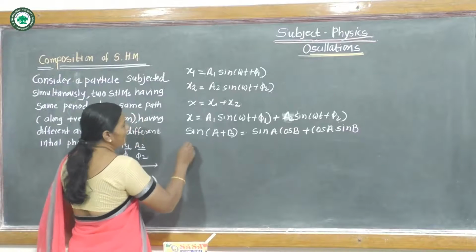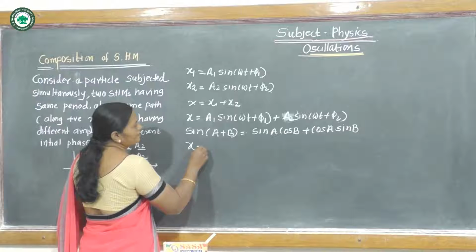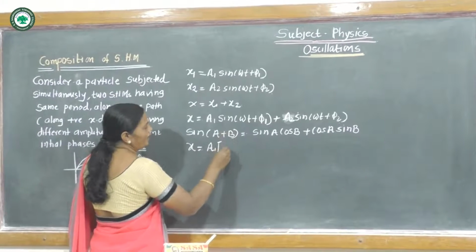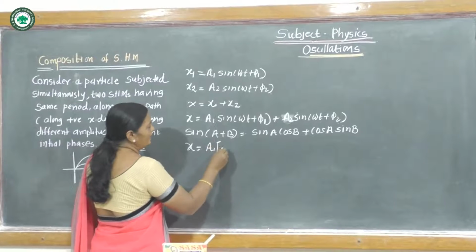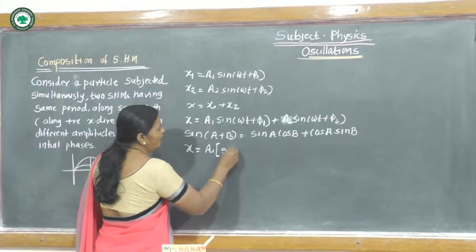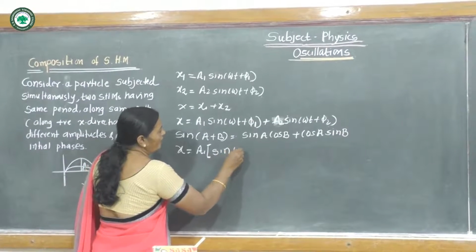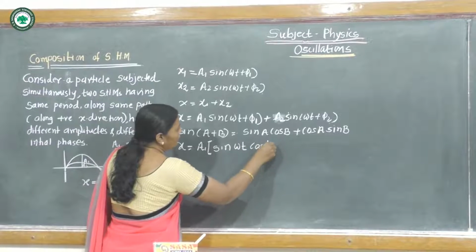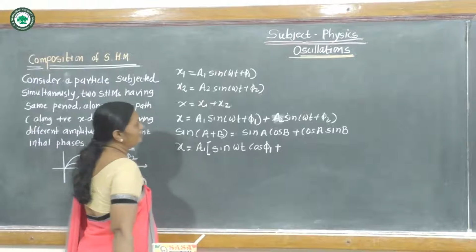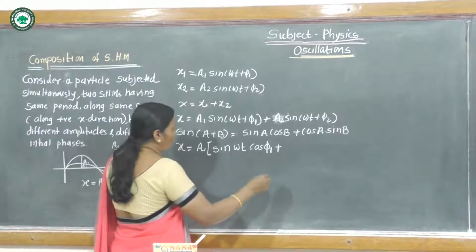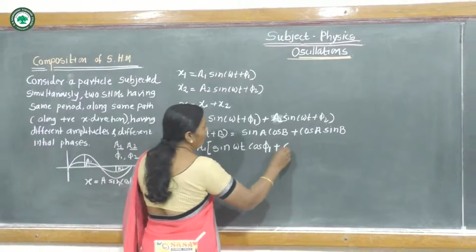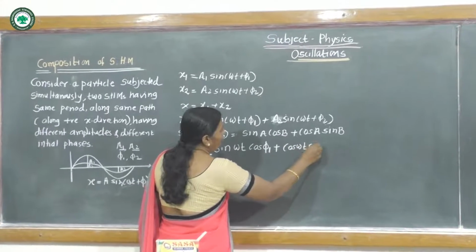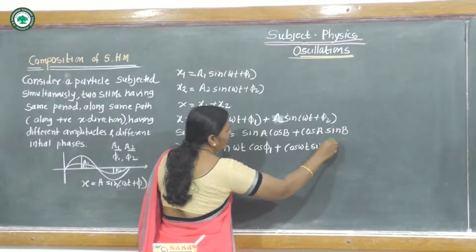We get x equals A1 times the expansion of the sine using this relation: sin omega t cos phi 1 plus cos omega t sin phi 1.